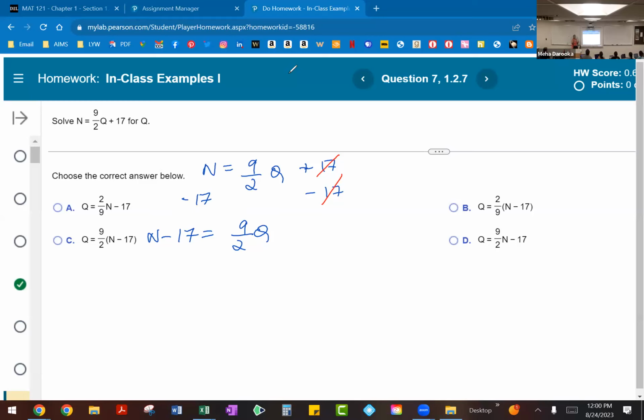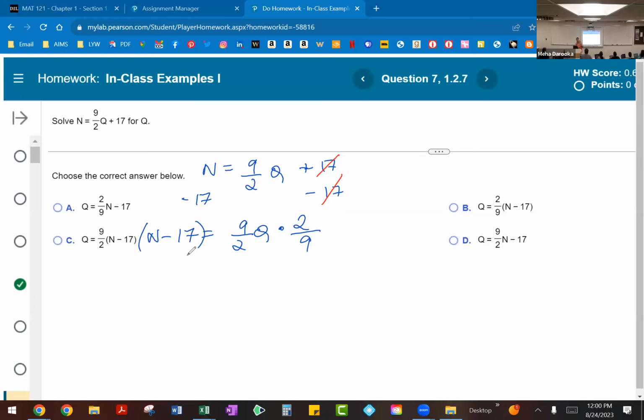What operation would we perform? Dividing would work, and we did talk about this on Tuesday as well. So remember, dividing is the same as, and I think you had given me the answer, yeah, multiply by the reciprocal. So to get rid of 9/2, just invert or flip that fraction and multiply on both sides.